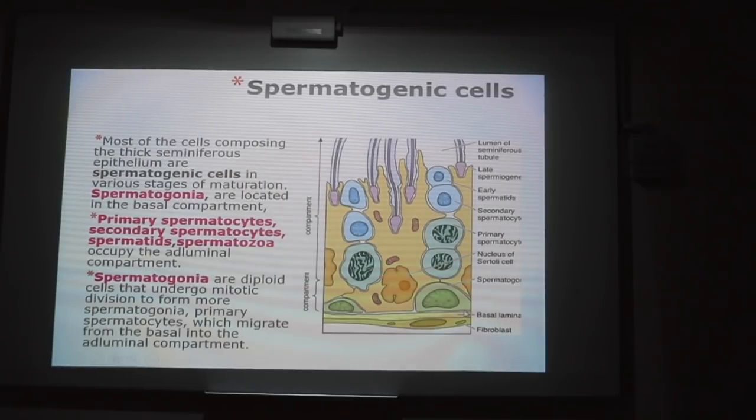Now, you know that the mature sperm cells are haploid. The cells multiply by mitosis and become the primary spermatocytes. The primary spermatocytes divide by meiosis and give rise to haploid cells, which are called the secondary spermatocytes.